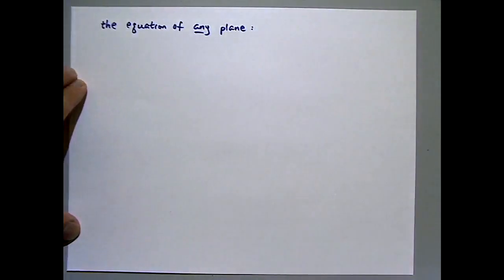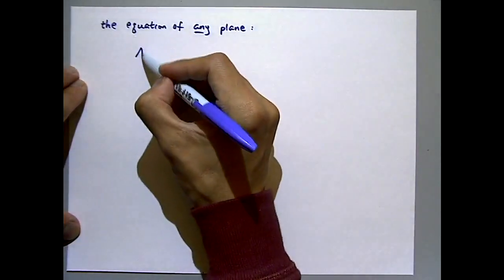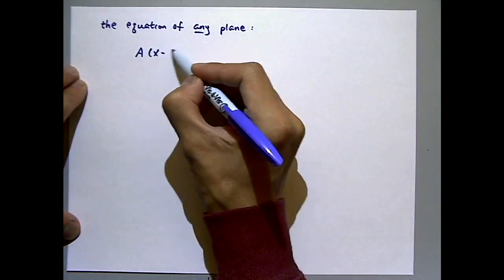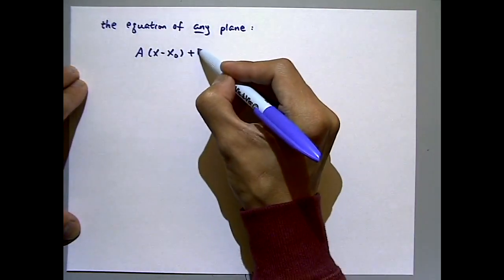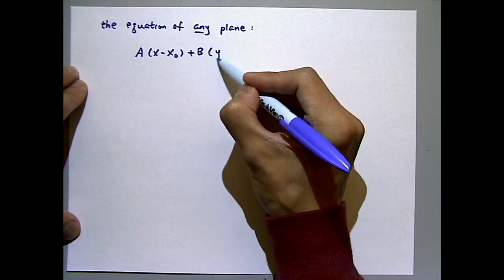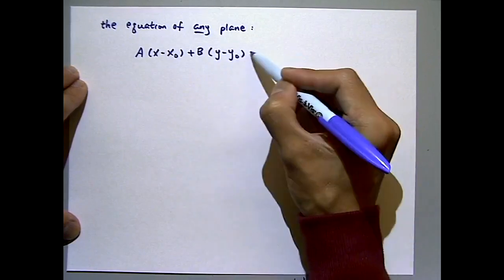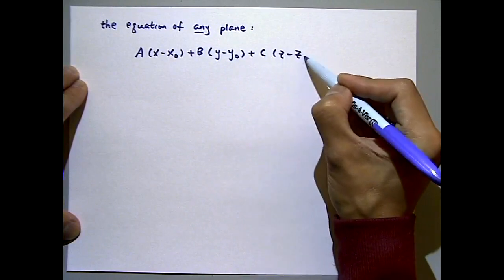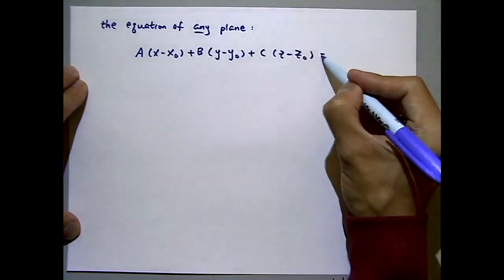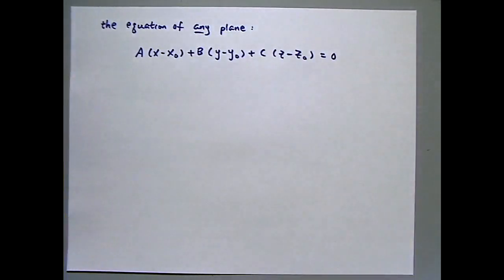The equation of any plane is some number a times x minus x0 plus some other number b times the same thing with y plus some other number c times the same thing with z equal to 0. That's just for any given, any random plane.